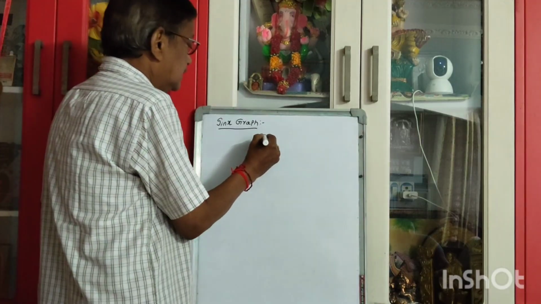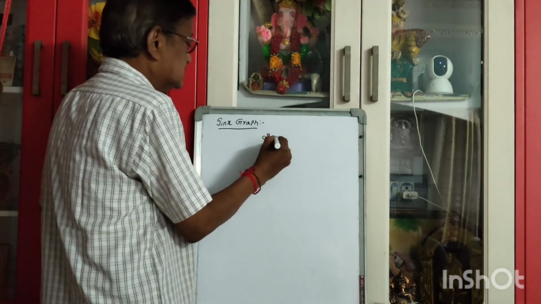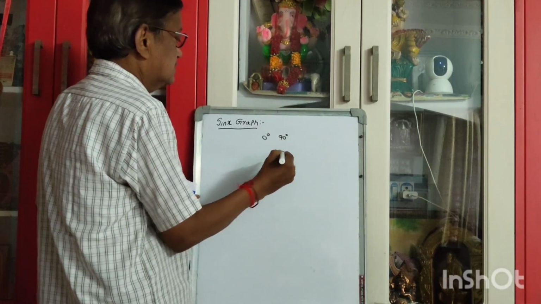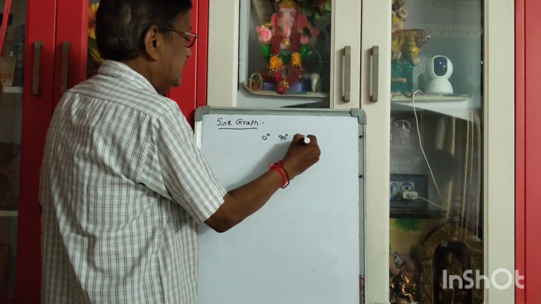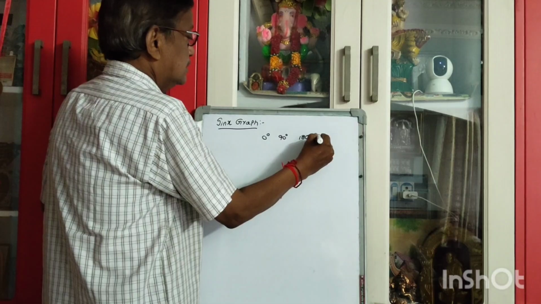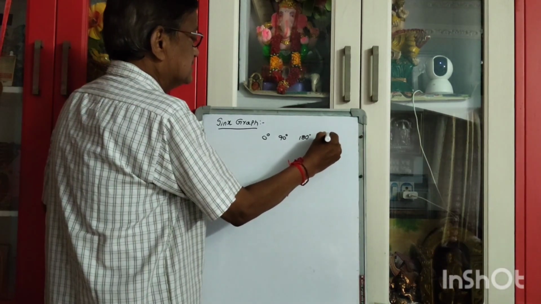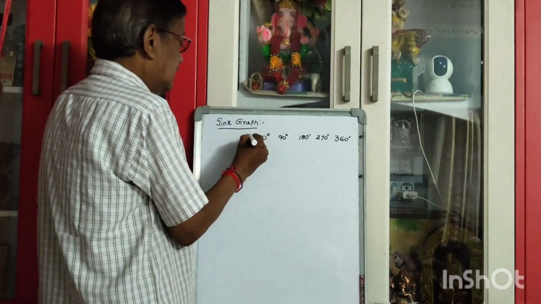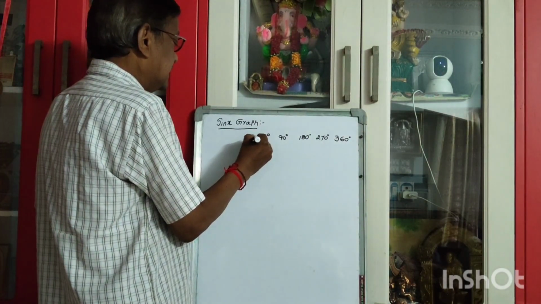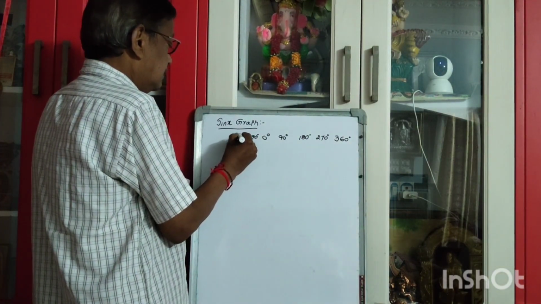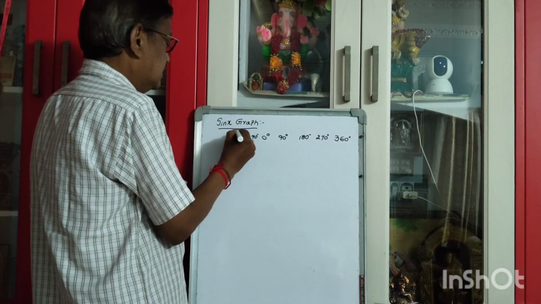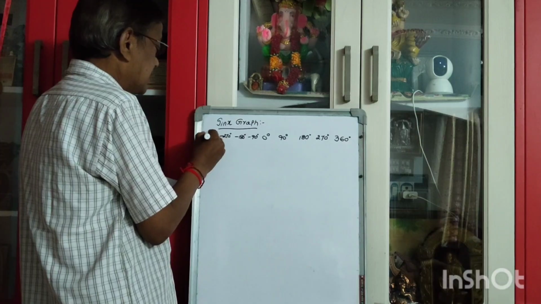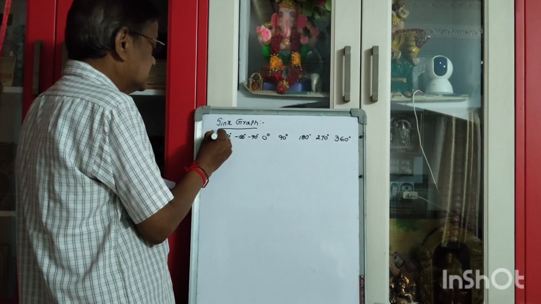Sin: 0 degrees, 90 degrees, 180 degrees, 270 degrees, 360 degrees. Here negative, minus 90, minus 180, minus 270, minus 360 degrees.